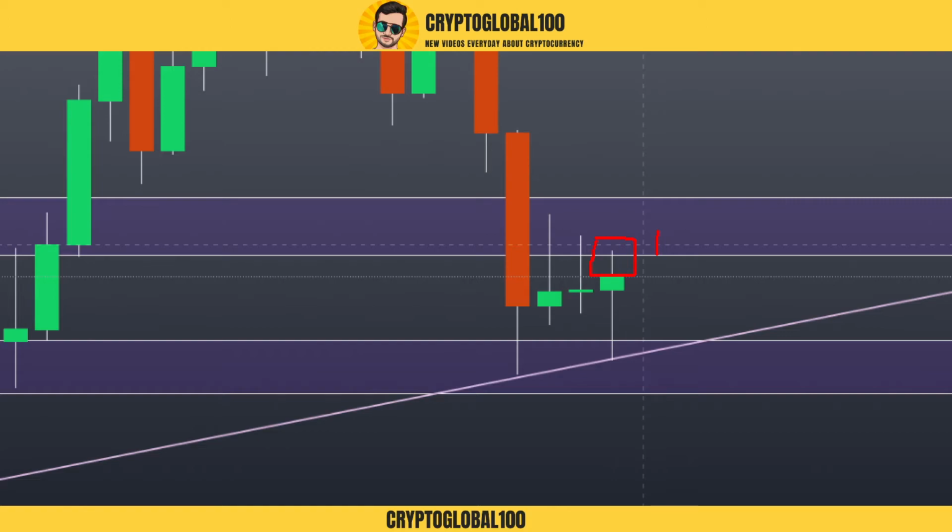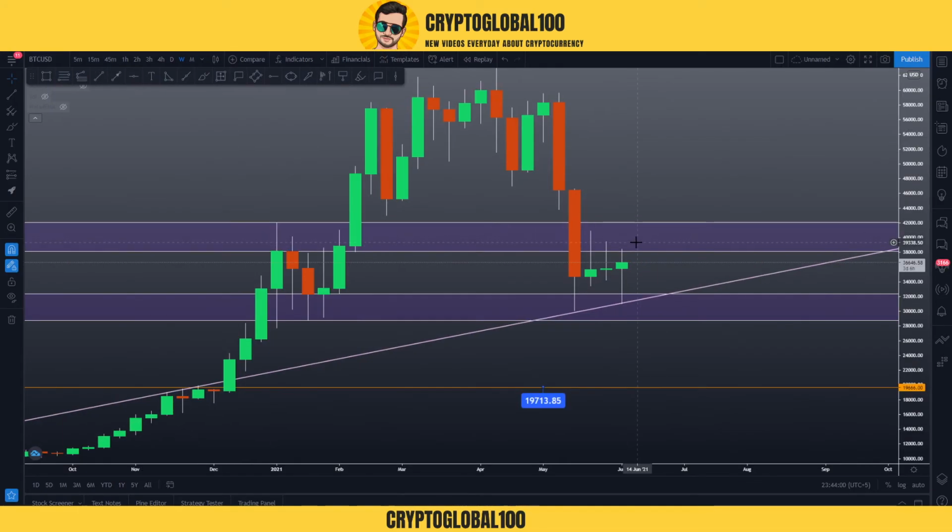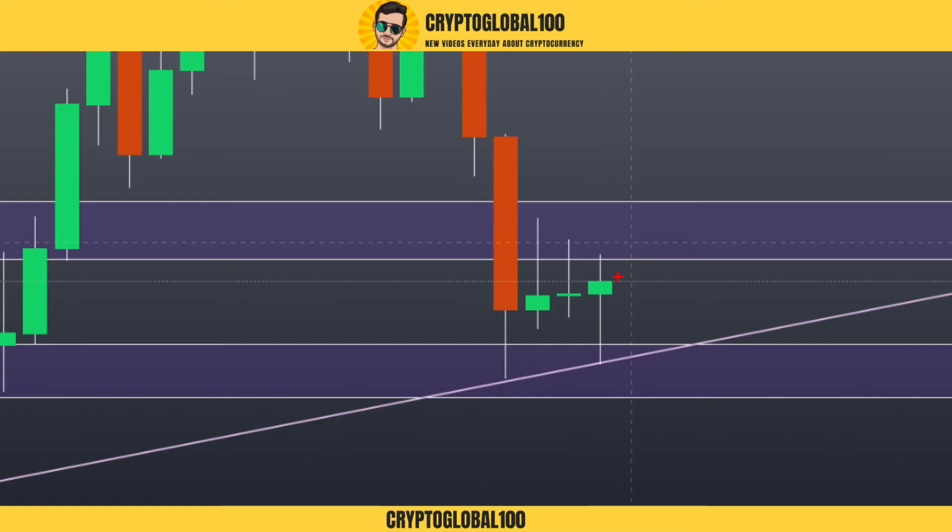We can say that the next candle could make this as a test, and then it can be flipped. Right now this area is a resistance area. If any candle closes above this area, the next candle should get rejected from this area, and then from there it can move up. But this is only the possibility if and only if this candle closes inside this zone.